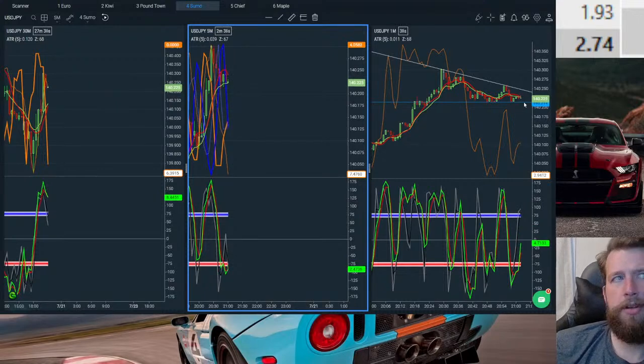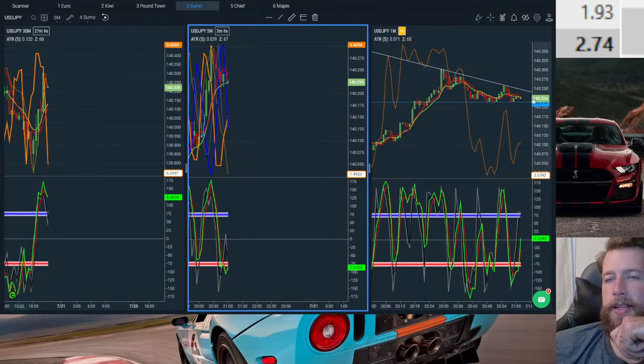Momentum toward the upside is slowly losing momentum. Buying momentum is going down.